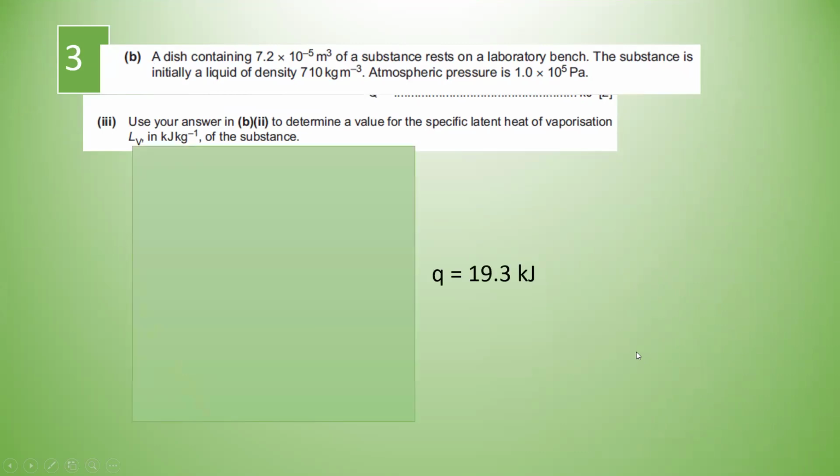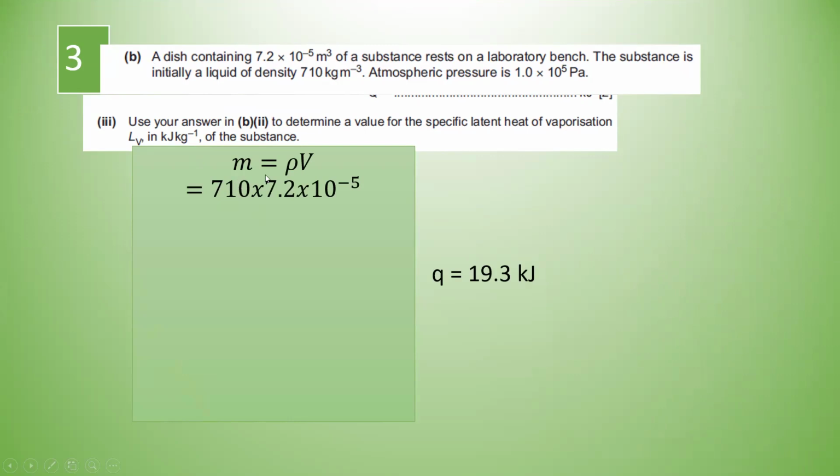Use your answer in B part 2 to determine the value of the specific latent heat of vaporization. We have to compute the mass. So your mass formula has to be remembered, density times your volume.